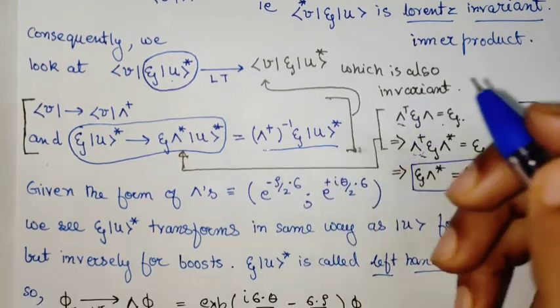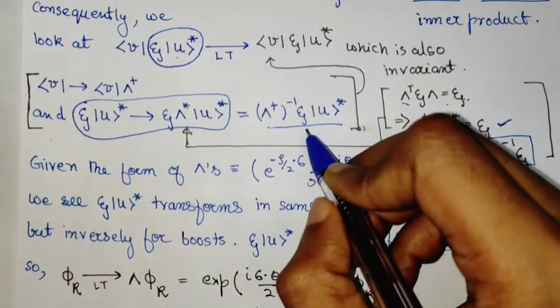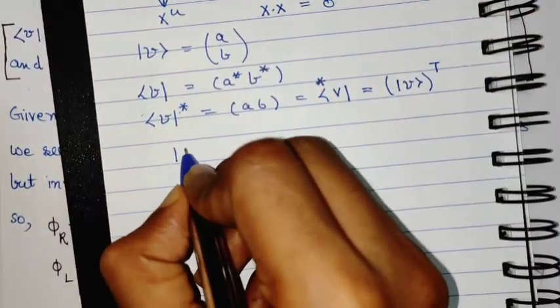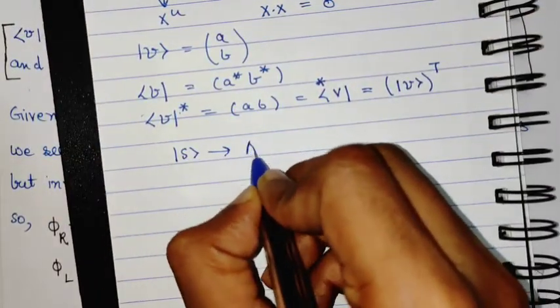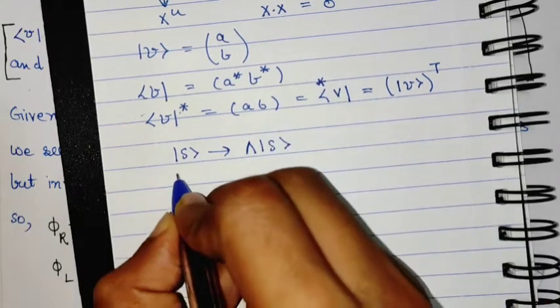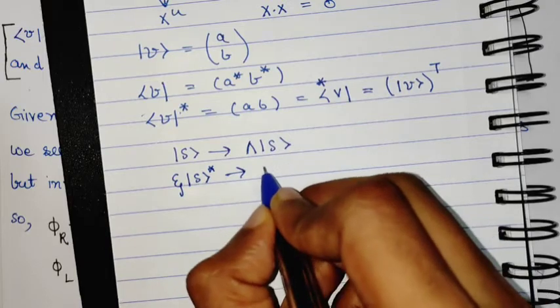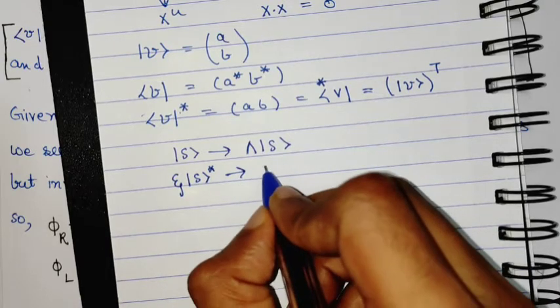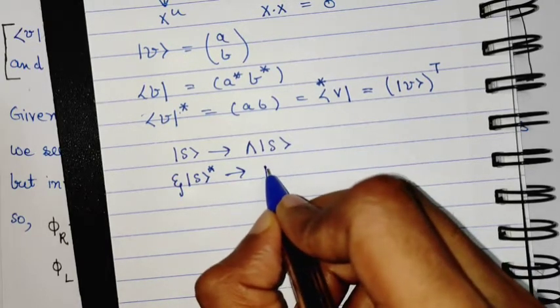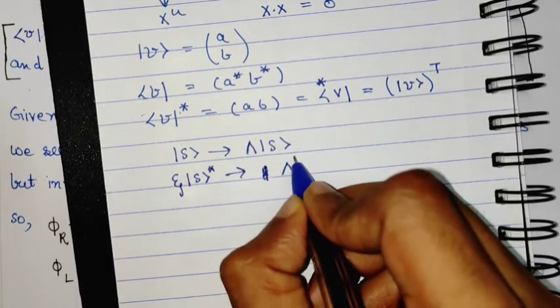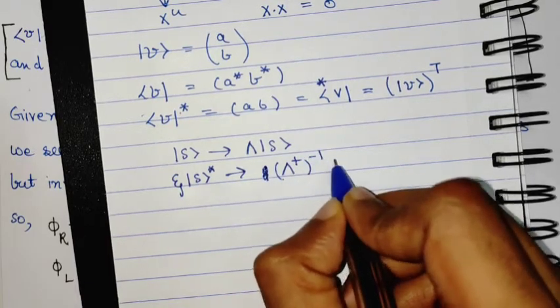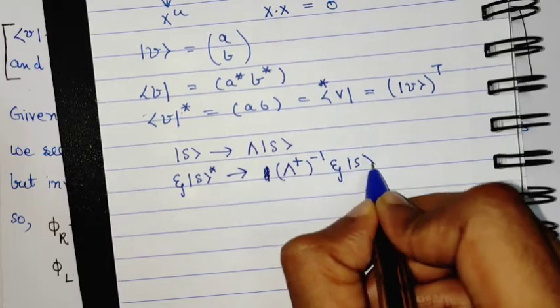The spinor we saw undergoes Lorentz transformation as this, but this particular object under Lorentz transformation goes like, let's see, lambda dagger inverse times epsilon s star.